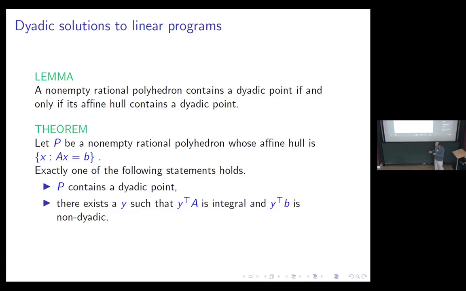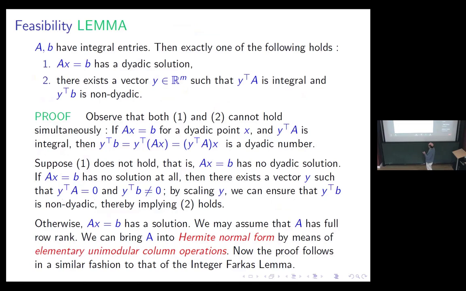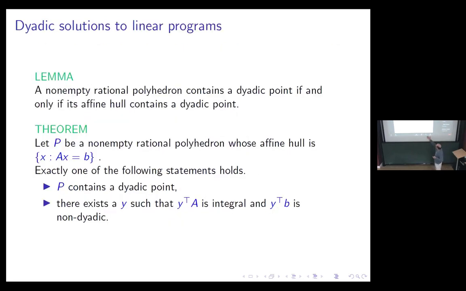So I started looking at some linear equations, and that's the main reason why, because this lemma tells us that I can just look at the affine hull AX equals B that contains that polyhedron, and the lemma says that the polyhedron contains a dyadic point if and only if the affine hull contains a dyadic point. And the proof is not that complicated.